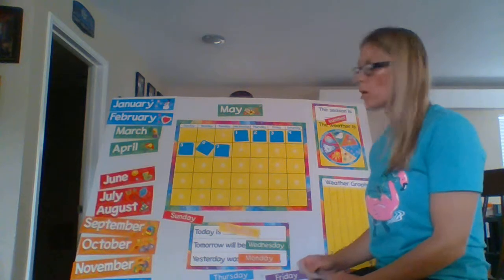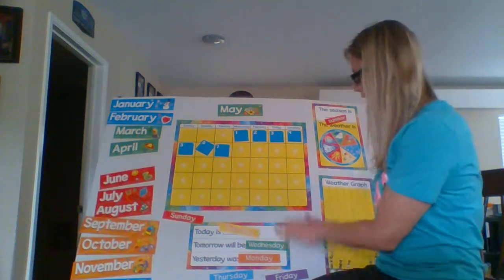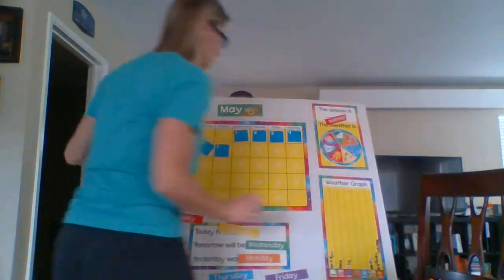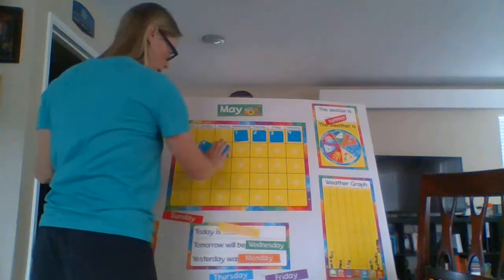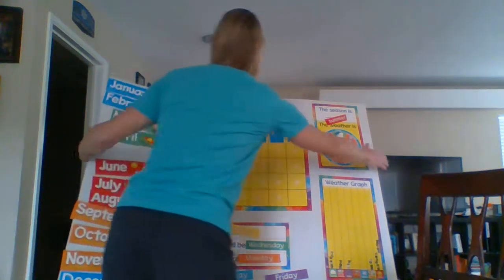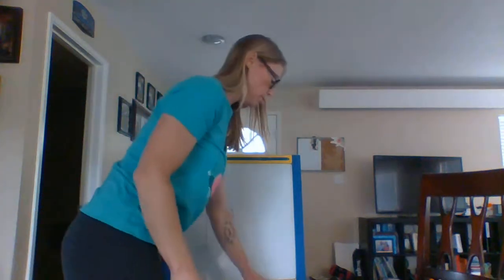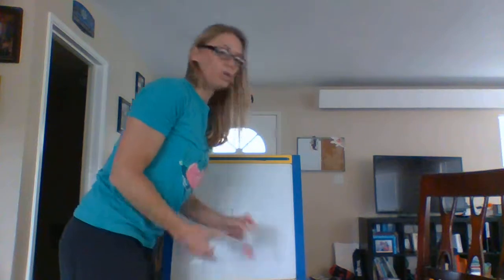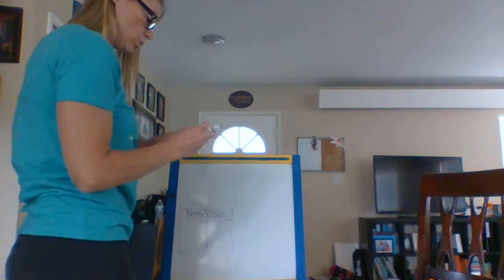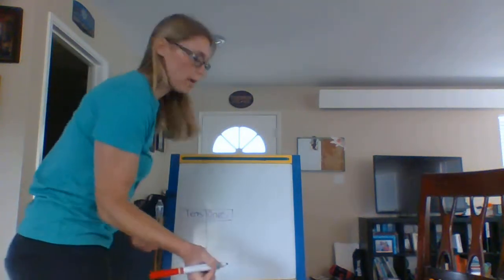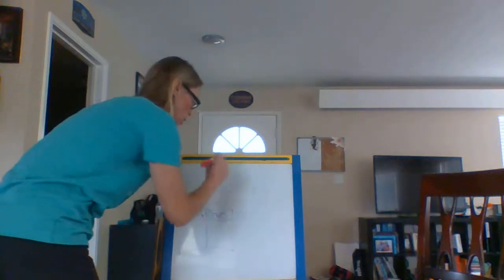Okay. So after going over that, I would have a student come up and work with our date. So today is the 7th. So I would have them do a math problem. The student could make an addition or a subtraction or both.